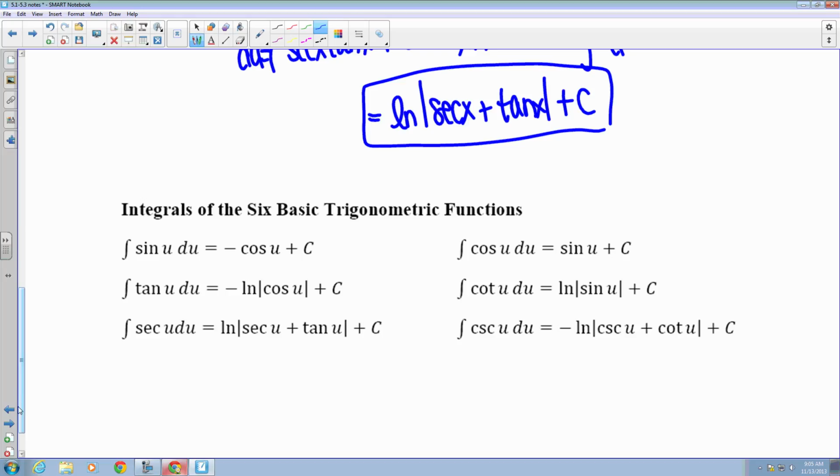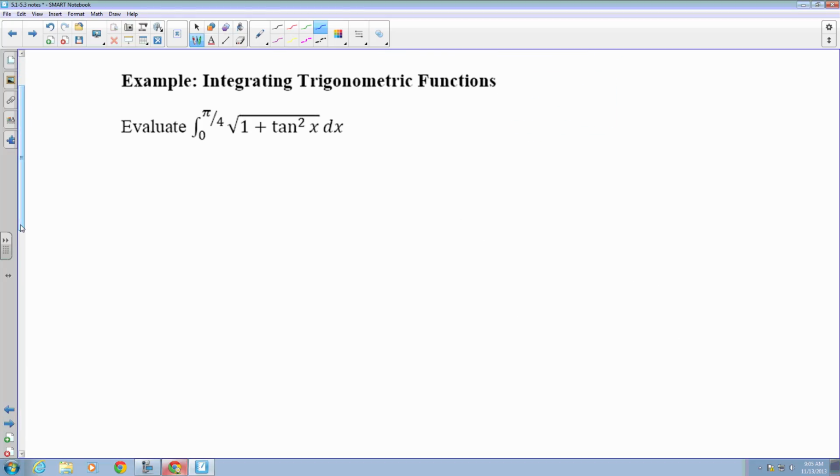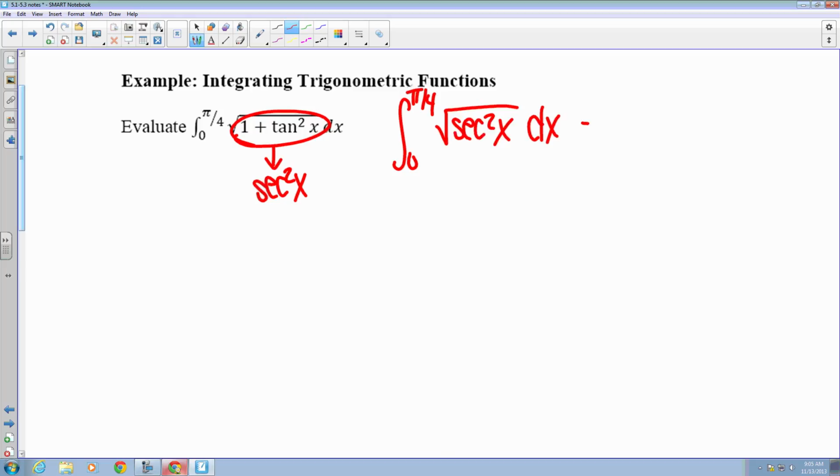Right, we have 2 more problems here. Next one is a definite integral, so we're going to have to use the fundamental theorem of calculus. First, we have to use a trig identity. 1 plus tangent squared is actually secant squared, which means that we're taking the square root of secant squared, which would just be secant.